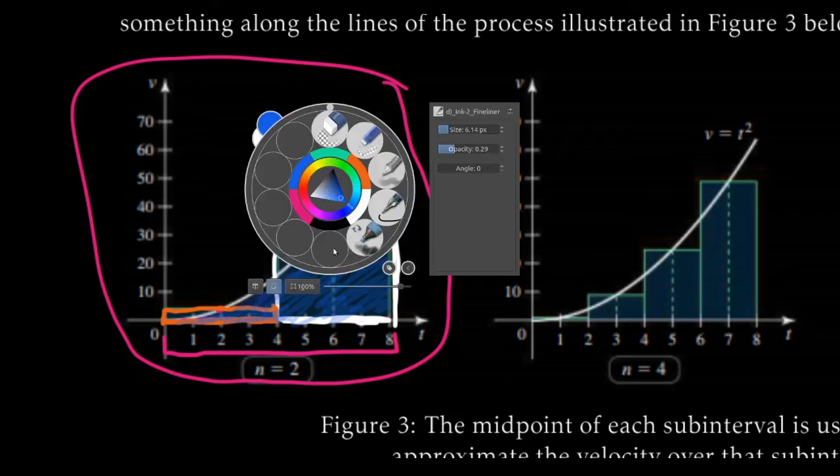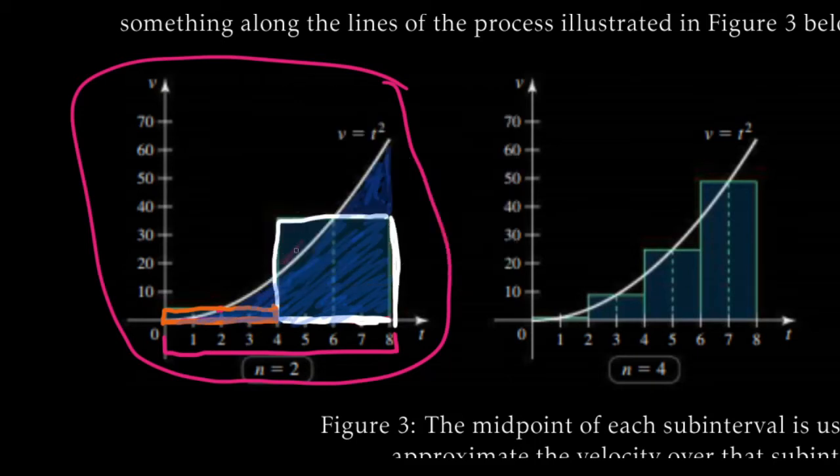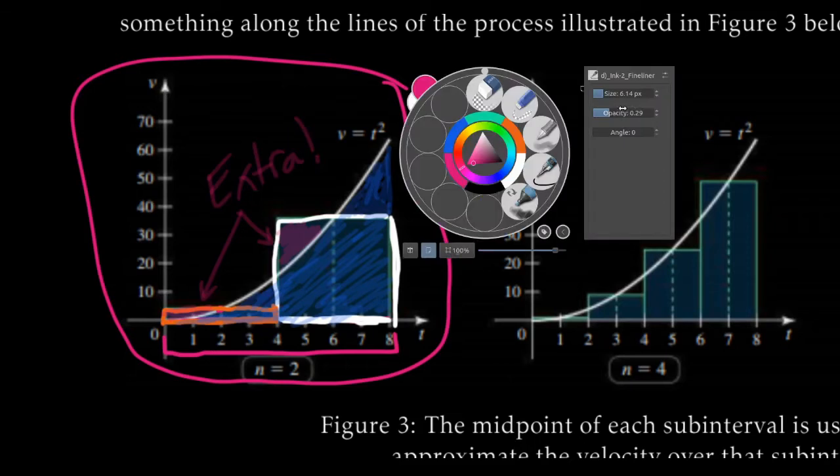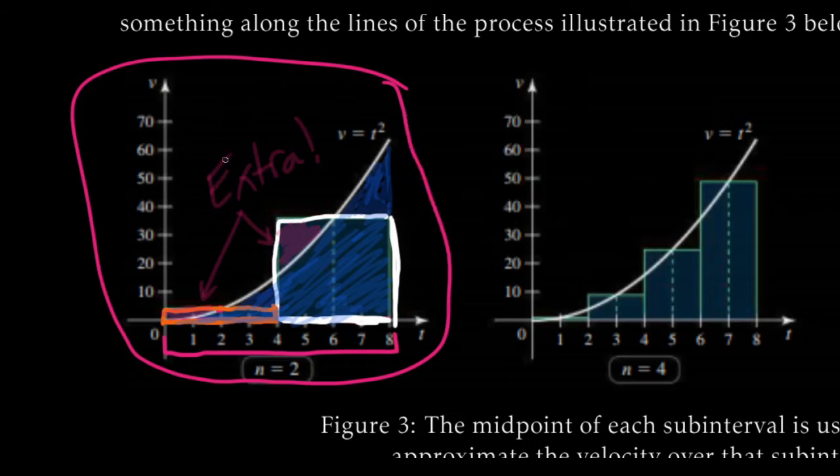In fact, in both places. So I have this extra little chunk over here, and I have this extra little chunk down here. These two guys are what makes this an approximation. These are extra. So I get some extra chunks, but overall, it's not an impossibly bad approximation. It's just not that great because I only use 2 boxes.